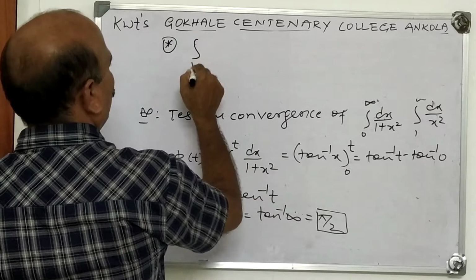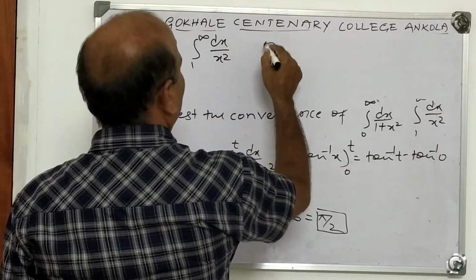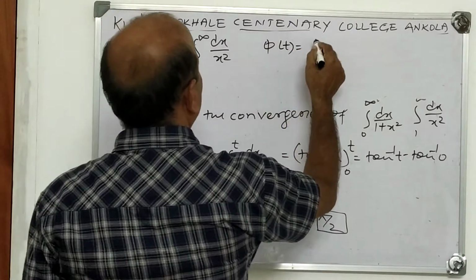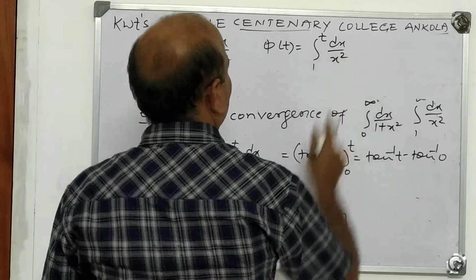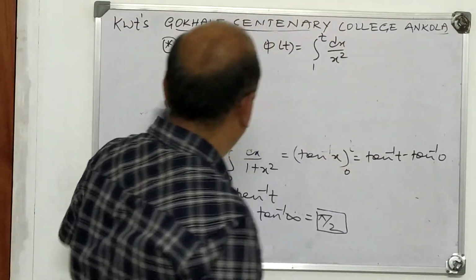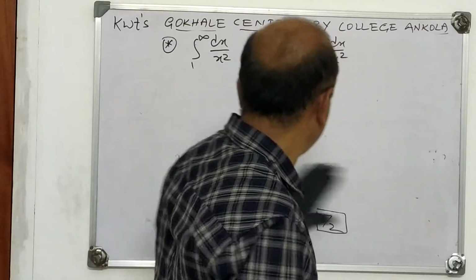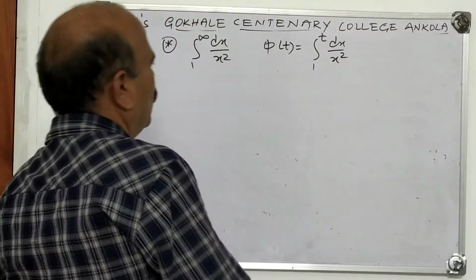Consider the integral from 1 to infinity dx by x square. We write φ(t) is the integral from 1 to t dx by x square. Obtain the primitive. How do you integrate? What is the integration of 1 upon x square?